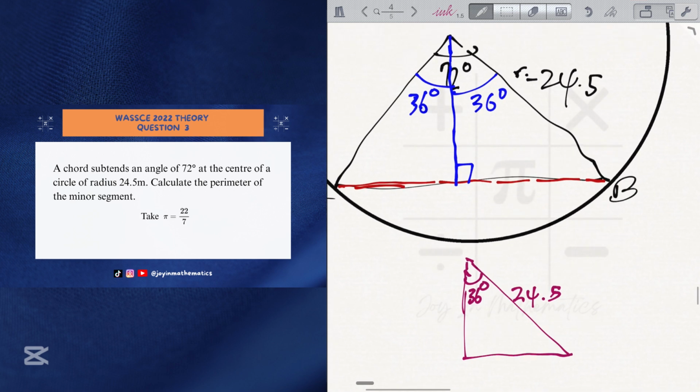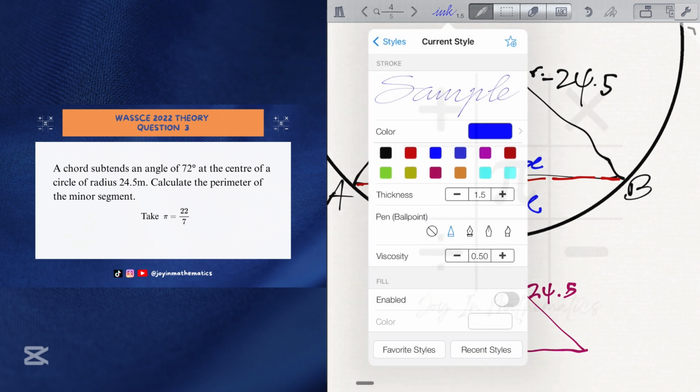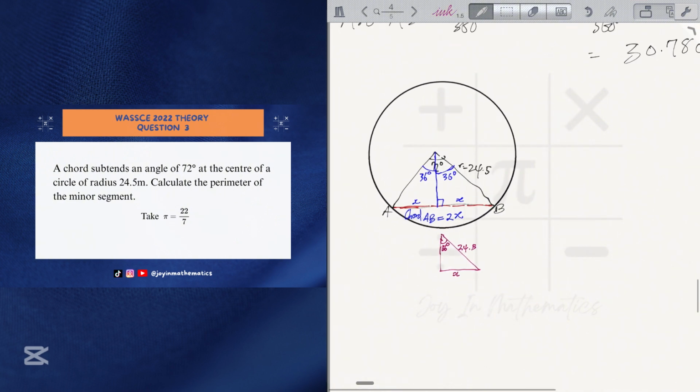Now this perpendicular bisector, once it divides this angle into two, it will also divide the length of the chord. That means AB will be divided into two. So the length here x will also be the length here x. So we are saying that AB equals 2x.